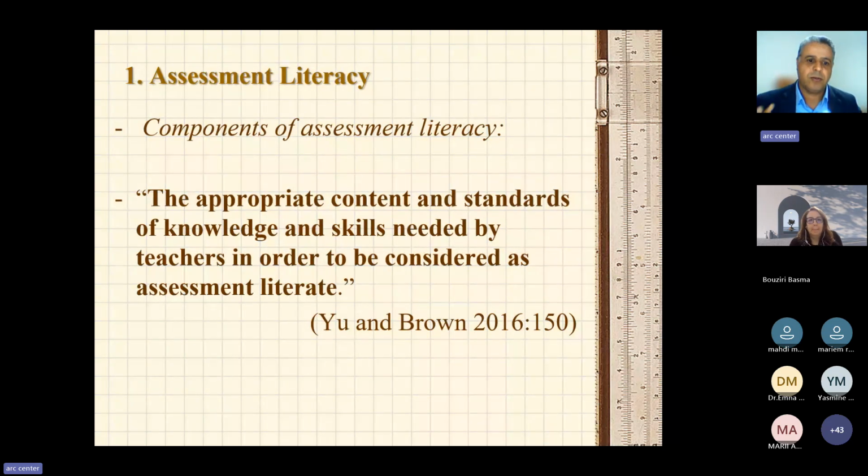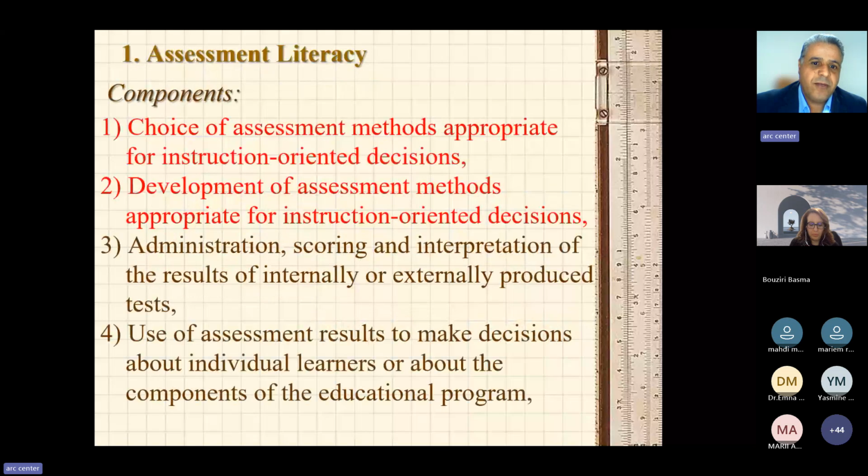Now, if we want to be more practical, more operational, let's divide these into clear components. These components include the choice of assessment methods that are appropriate for instruction-oriented decisions. And second, we have development of assessment methods that are appropriate for instruction-oriented decisions.